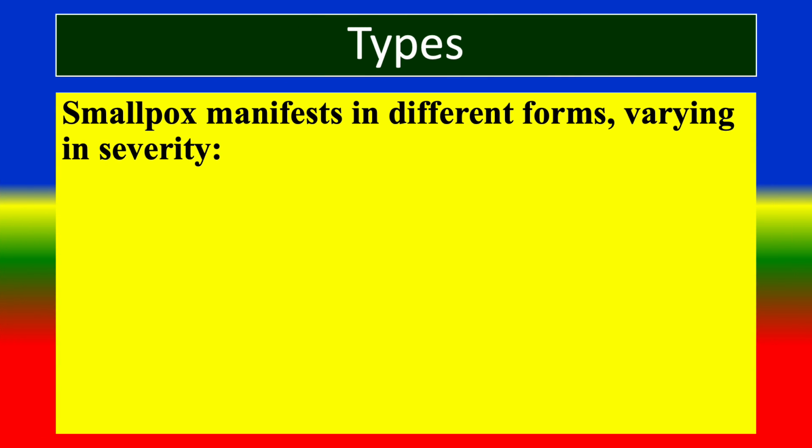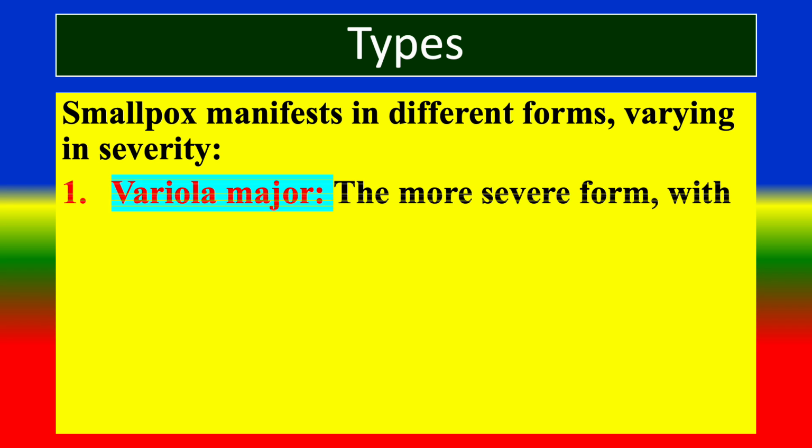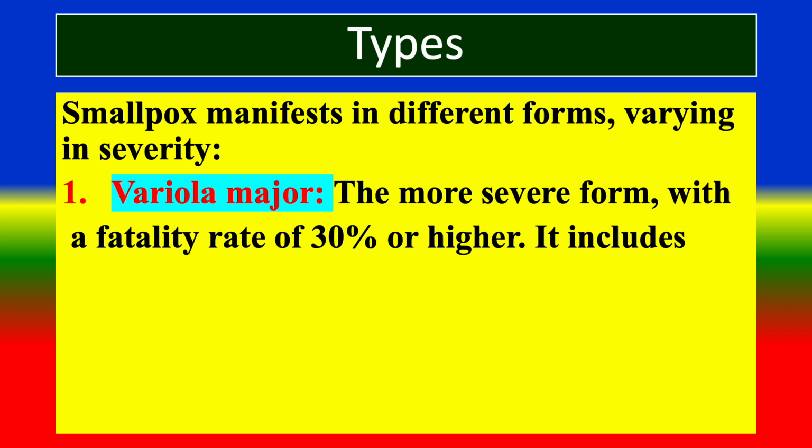Types: smallpox manifests in different forms varying in severity. Variola major is the more severe form with a fatality rate of 30% or higher.